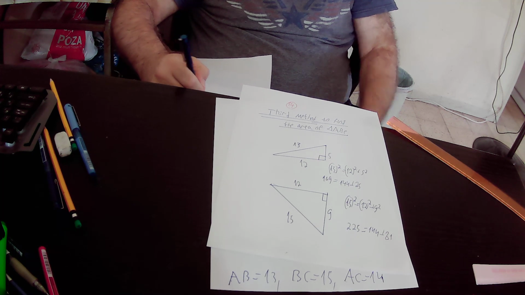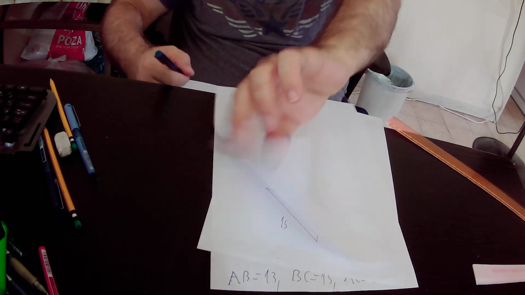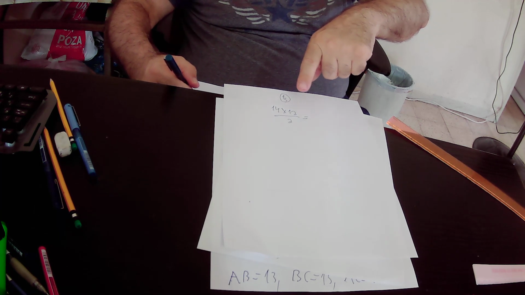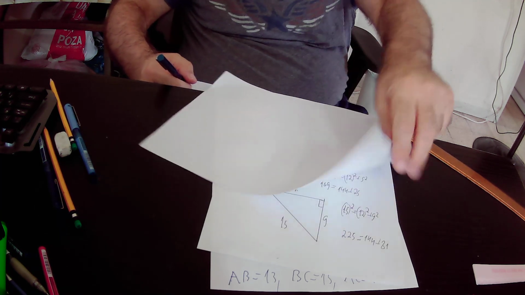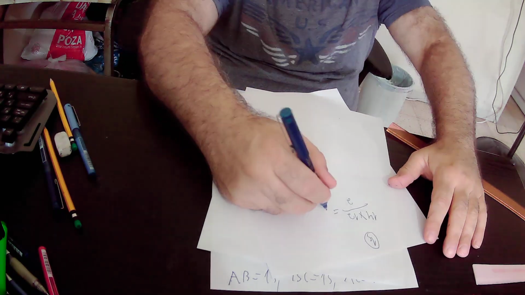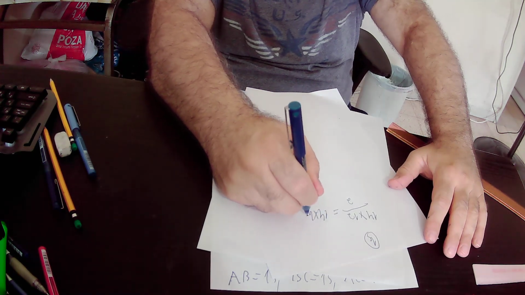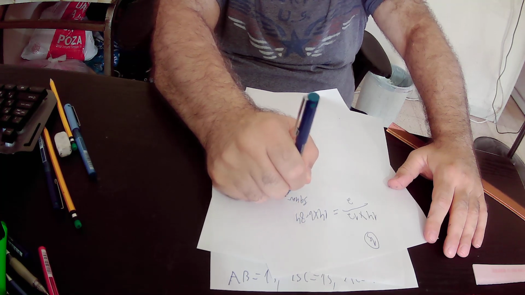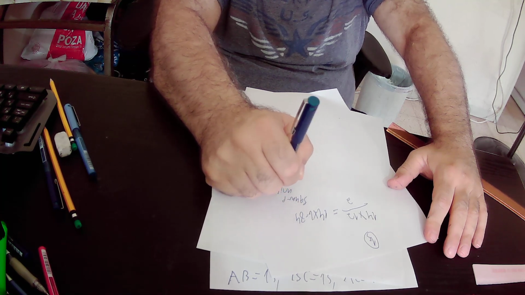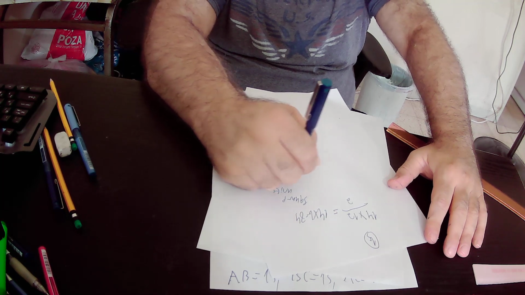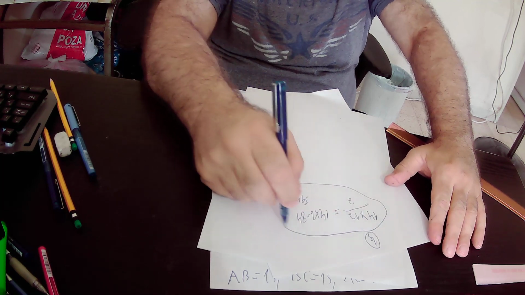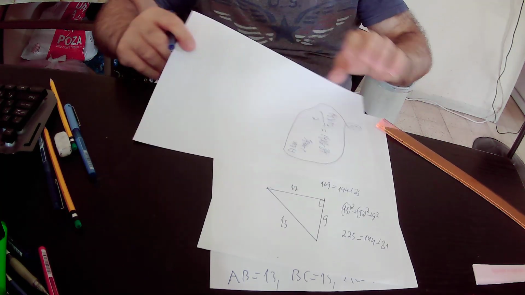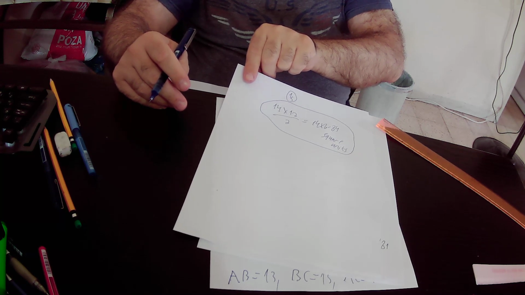So the area of triangle ABC equals the base times the height over 2. Here 12 over 2 is 6, so the area of triangle ABC equals 14 times 6, that is 84 square units. Okay, so we found out in the third way that the area of triangle ABC equals 84 square units.